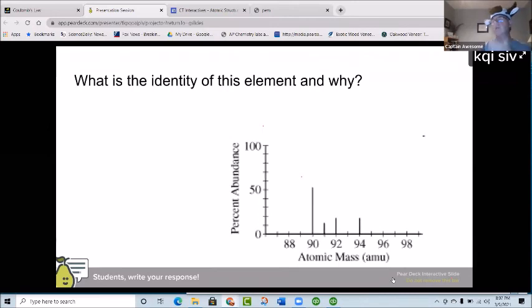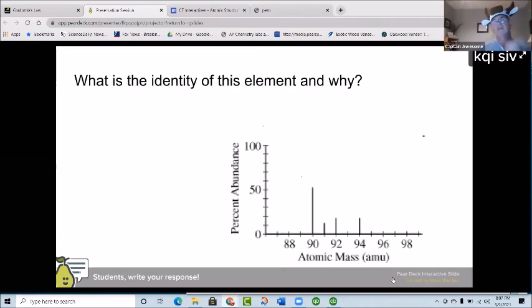But it's probably more likely to be zirconium because of the atomic mass of 90. See how that peak goes up higher to like 60%? Most of it is isotope 90. So I would expect the average atomic mass to be closer to 90, so 90 or 91, something like that.